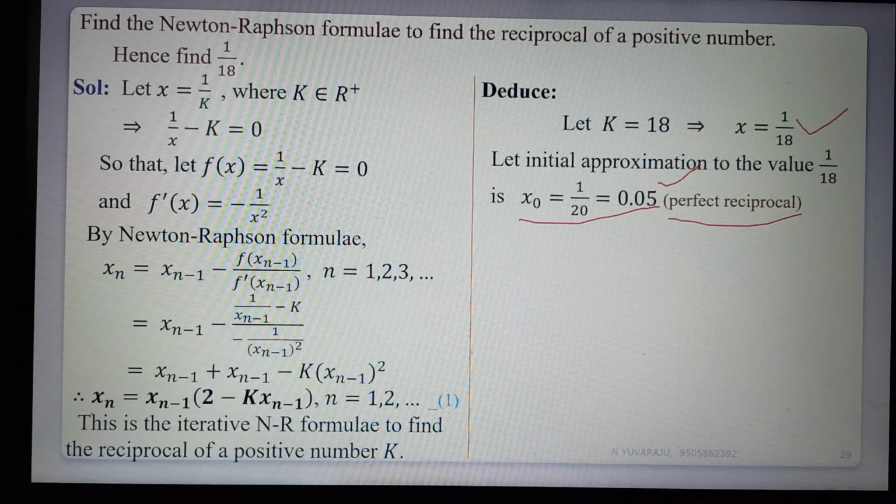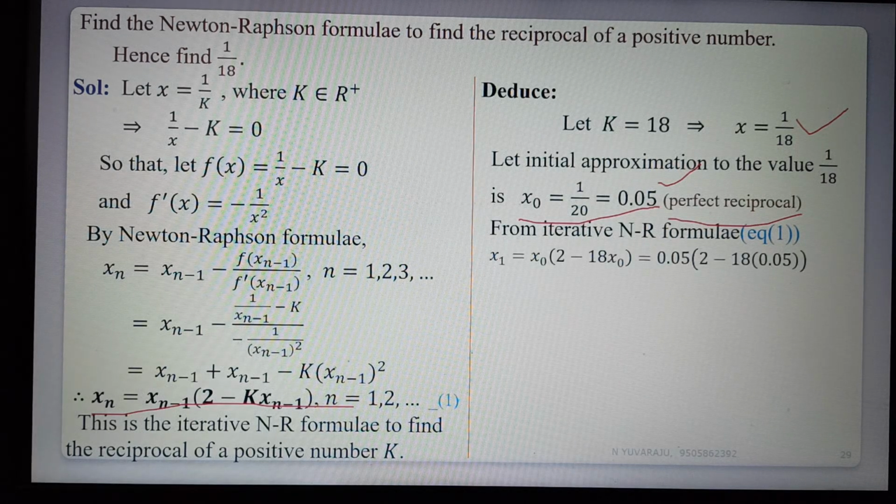So now using this formula, first substituting n is equal to 1, x1 is equal to x naught into 2 minus k x naught, the reciprocal formula of a positive number by using the Newton-Raphson formula. So x1 is equal to 0.05 into 2 minus 18 into 0.05, that is equal to 0.055.